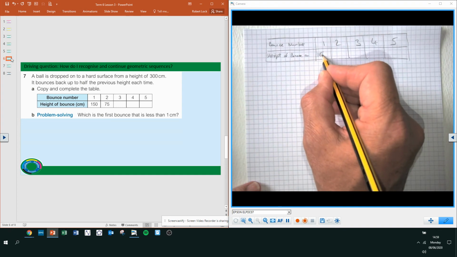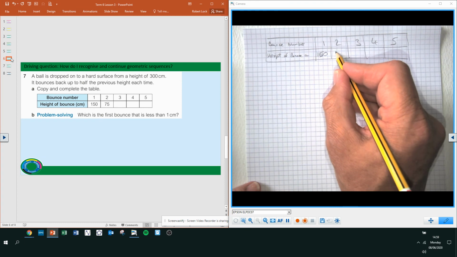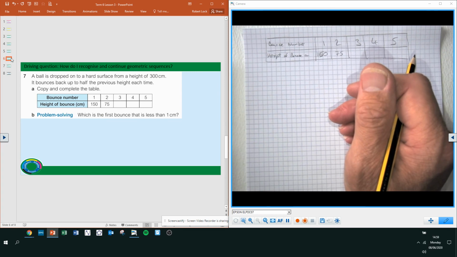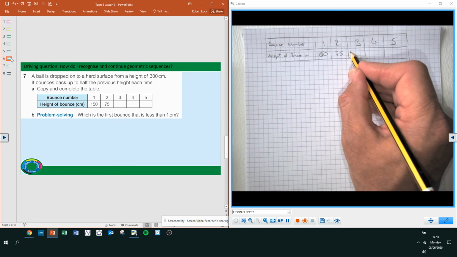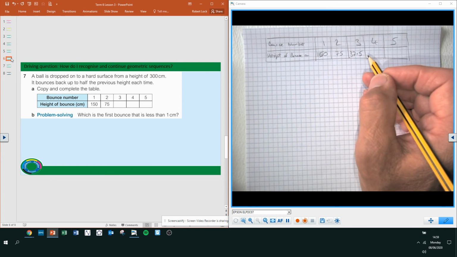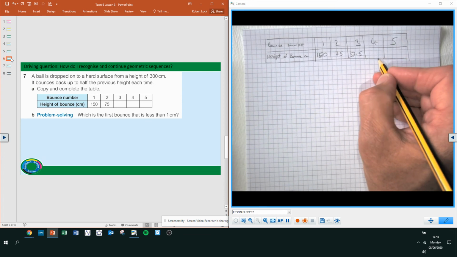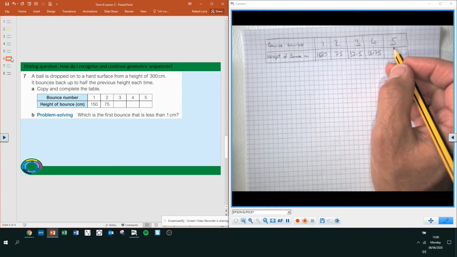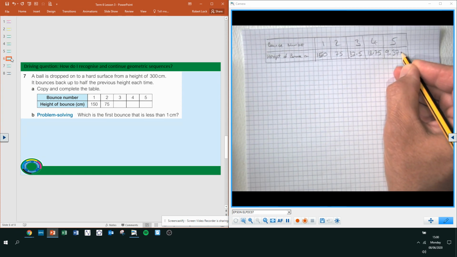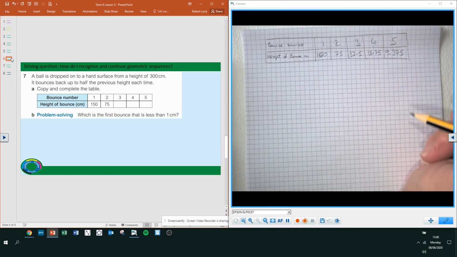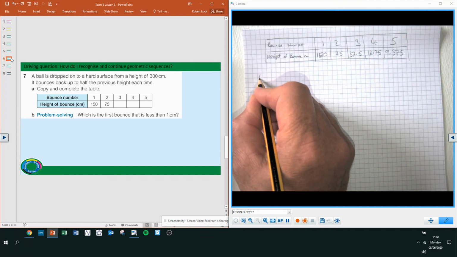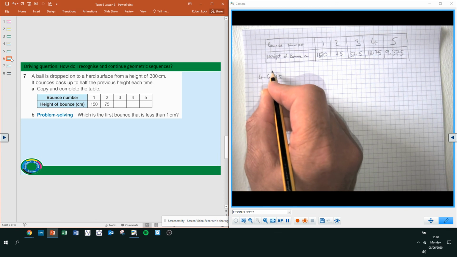So 150. 75. Next bounce will be 37.5. Next one will be 18.75. Next one will be 9.375. Next one, the sixth one will be 4.6875.